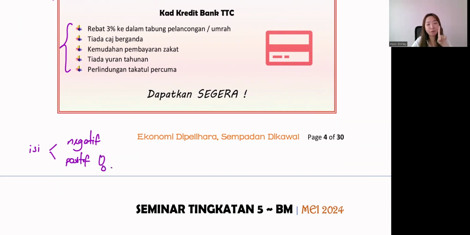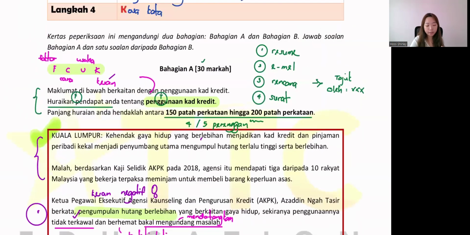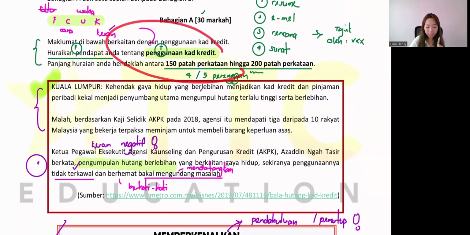The reason you can write in this way for this question is because they never mention the kata kunci. And in the question here, they just give you one kesan negative, but you need more than one easy. Then in this situation, you will need to top up one easy by your own. Then in this situation, positive, negative also can.